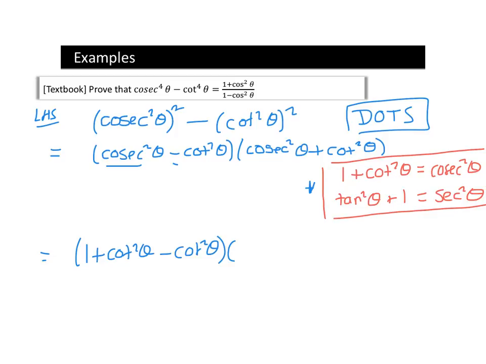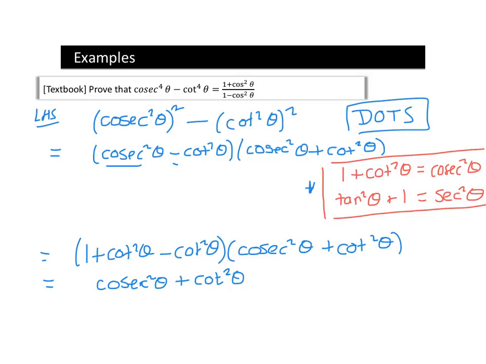And my second bracket I'll leave as cosec squared theta plus cot squared theta. Now my first bracket will just become 1, so I'm left with cosec squared theta plus cot squared theta.